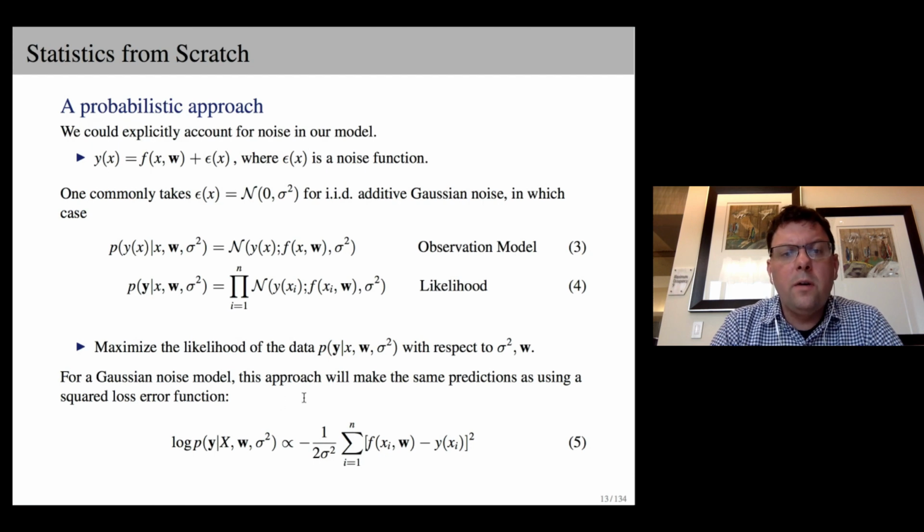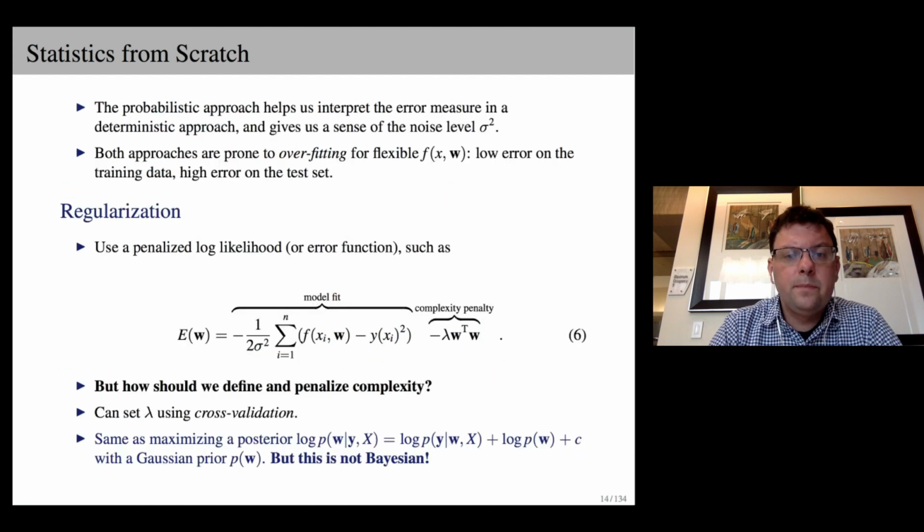If we believe our model, f of x, w, to some extent, we can also get an estimate of the noise variance in the data. Now, remembering what we know about statistics, you may be familiar with the idea that either of those approaches could lead to what's called overfitting, where we get very low training loss, but we get very bad testing error.